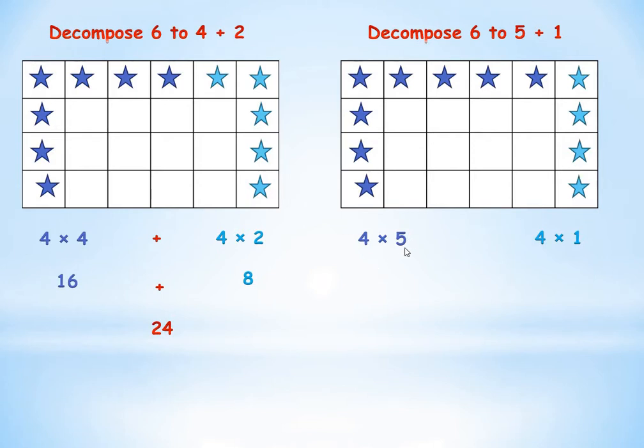The first part, 4 times 5, is equal to, excellent, 20. Plus 4 times 1, which is equal to 4. Now we add 20 plus 4, which is equal to 24.